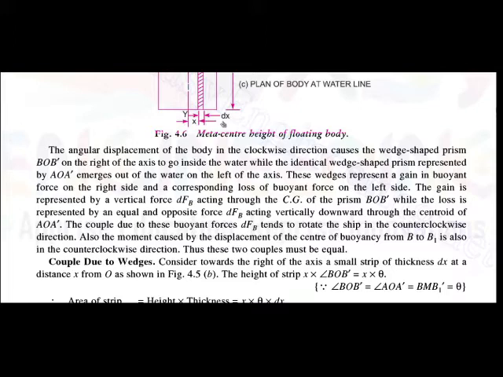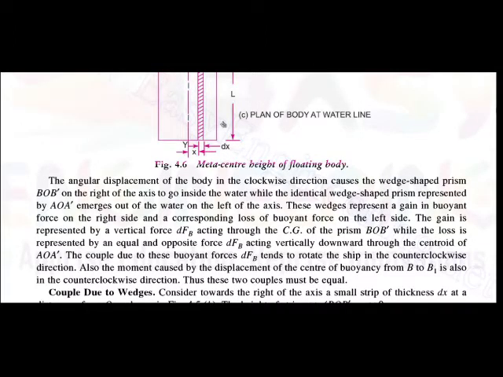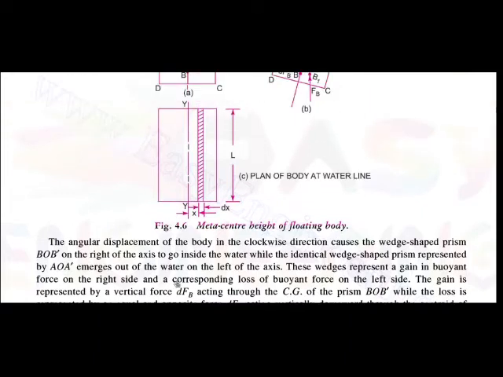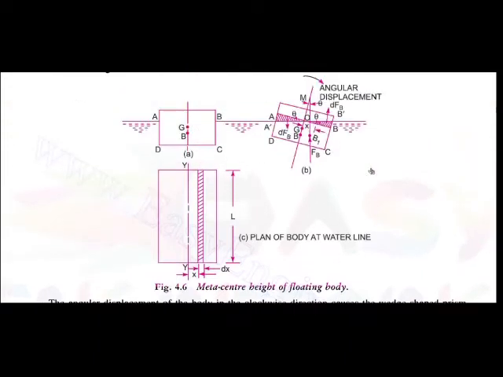Also the moment caused by the displacement of the center of buoyancy from B to B1 is also in the counterclockwise direction. In the figure you can see the moment caused by the shifting of the force of buoyancy from B to B1.